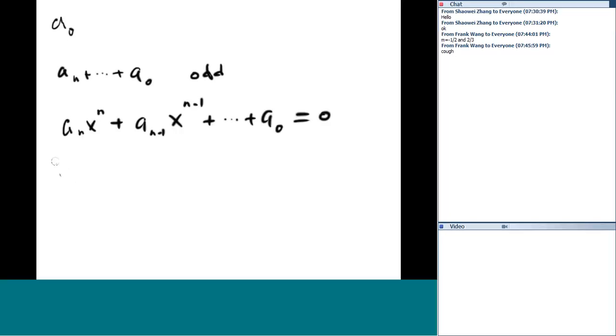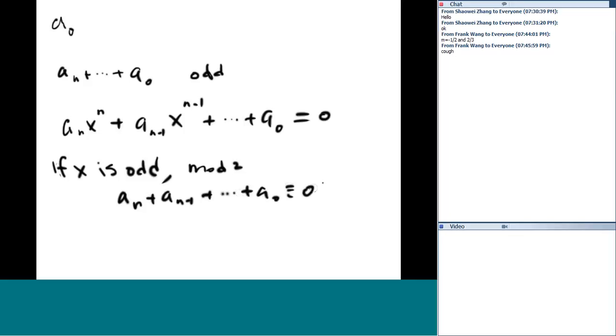if x is odd, you can say odd, okay? So modulo 2, on both sides, you find an plus an-1 plus ... plus a0 equals 0 mod 2. If x is odd, right? So this is impossible because this is odd.